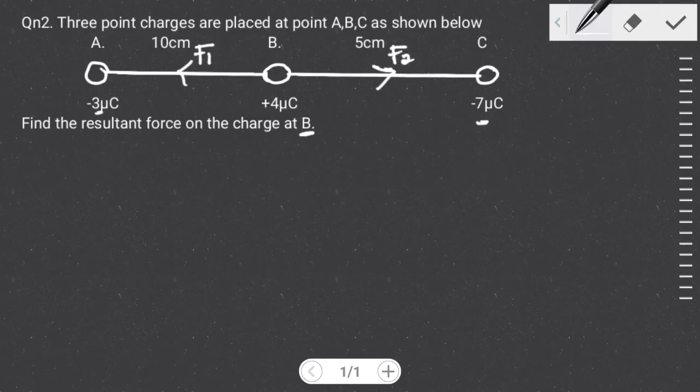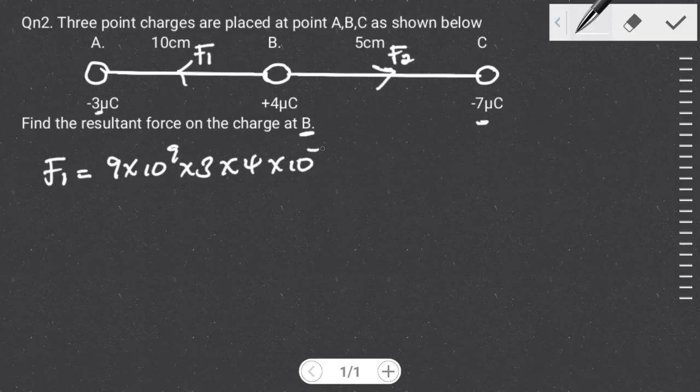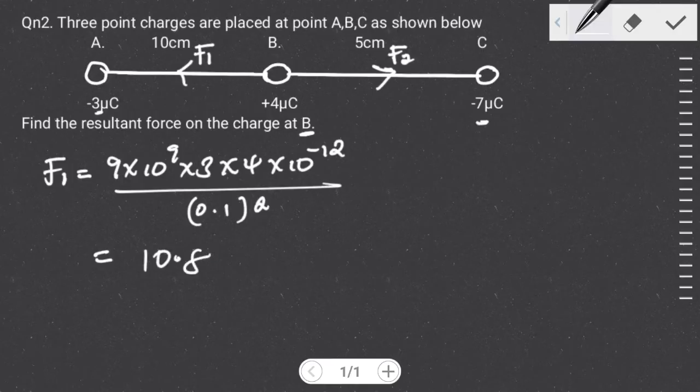So let's get these forces. Force 1 would be equals to 9 times 10 to the power 9 times 3 times 4 times 10 to the power negative 12 all over the distance of separation between the negative 3 nC charge and the positive 4 nC charge, which is 0.1, squared. The force would be equals to 10.8 newtons.